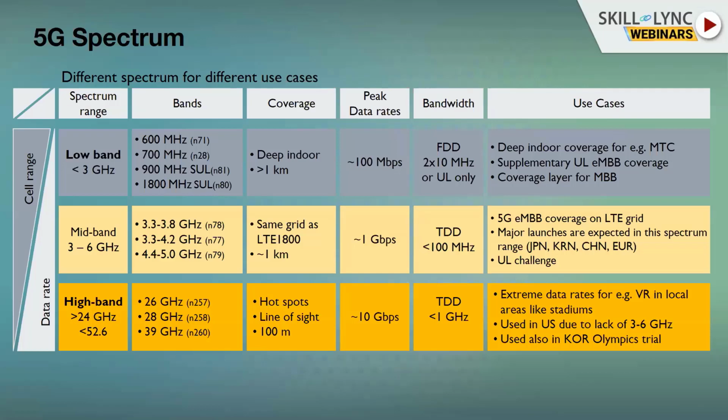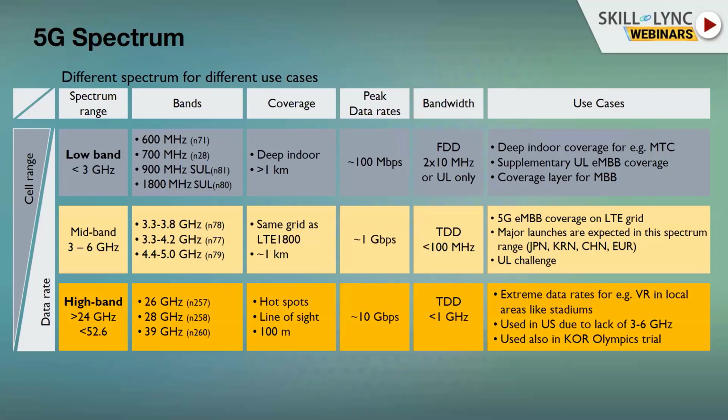So 5G at mid bands around 3.5 gigahertz is the spectrum used by the majority of the operators in the world today. In this band, it can utilize existing base station sites by providing similar coverage as the existing LTE network at 1.8 gigahertz.